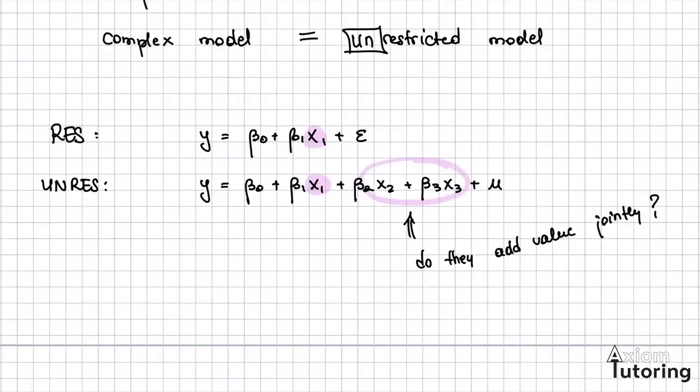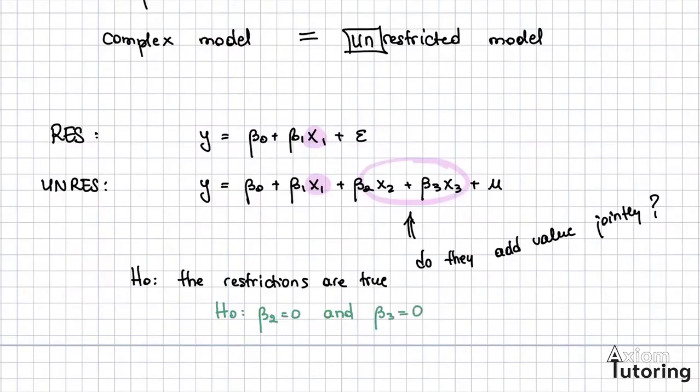For this particular case, and in general for model comparisons, your null hypothesis becomes that the restrictions are true, which formally we will simply write as, in this case, beta 2 is equal to 0 and beta 3 is equal to 0. So we're going to concentrate only on the ones that we are looking into jointly adding value.